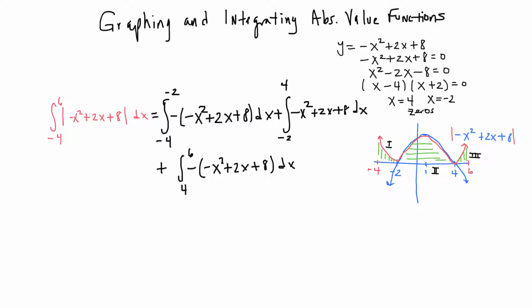We decided, hey, let's just graph it because we know how to graph the inside of the absolute value. So graph the inside of the absolute value, and then if you see any pieces below the x-axis, make sure you reflect them across the x-axis, and that means make them negative when you take the integral.